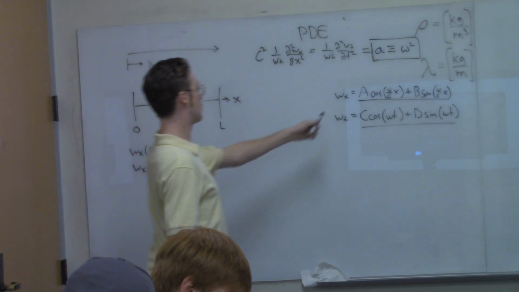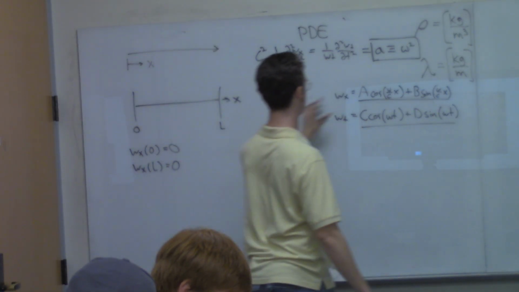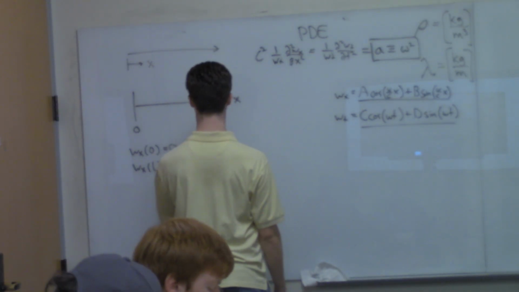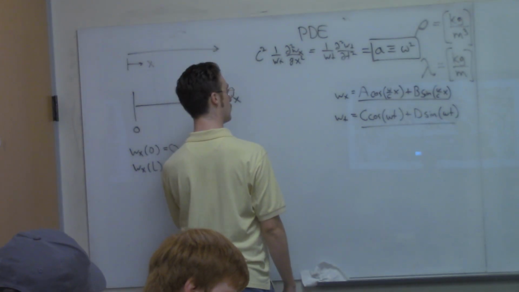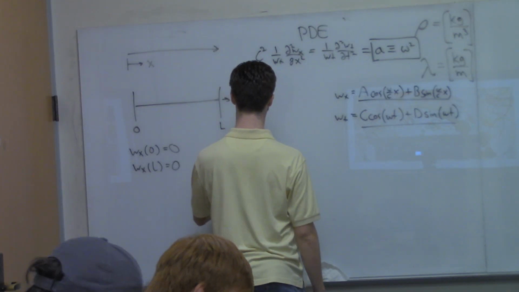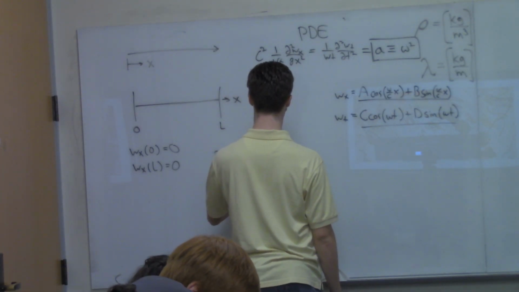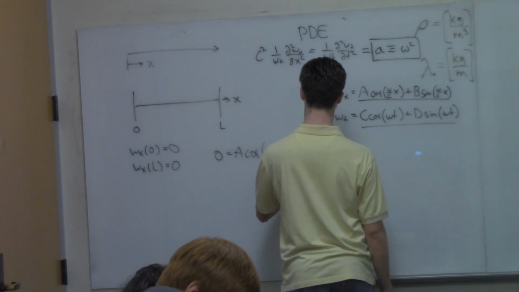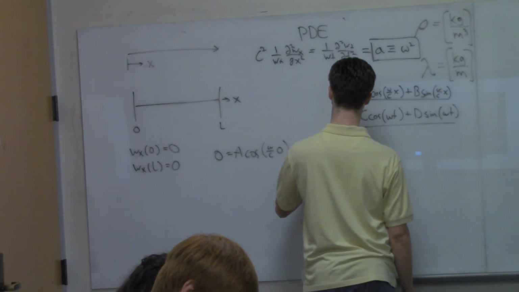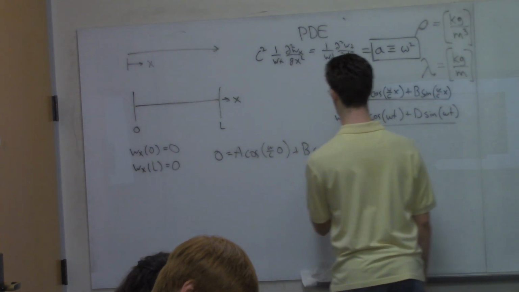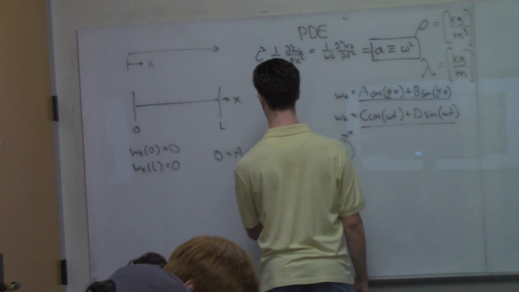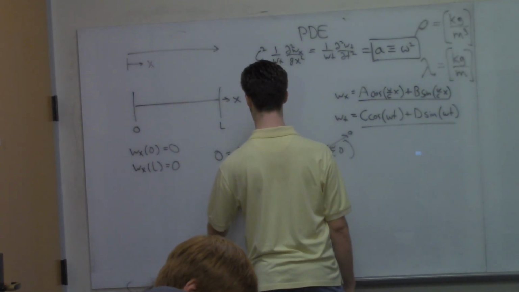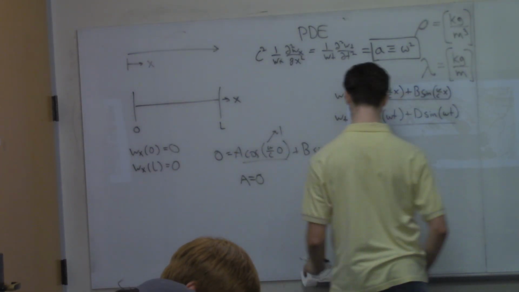So when we plug these two conditions into Wx, I'm going to write that out now. We have 0 is equal to A cosine omega over C times 0 plus B sine omega over C times 0. Sine of 0 is 0. Cosine of 0 evaluates to 1. Therefore, we have A equals 0.